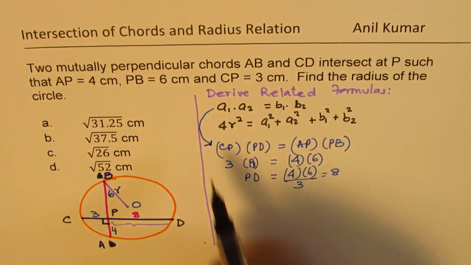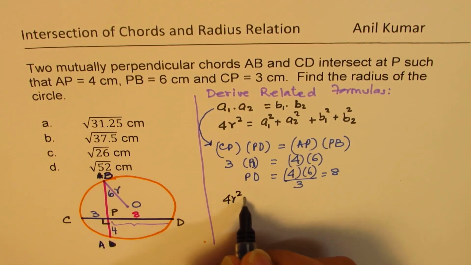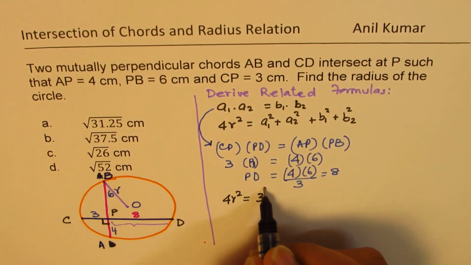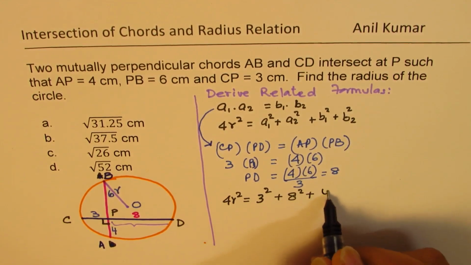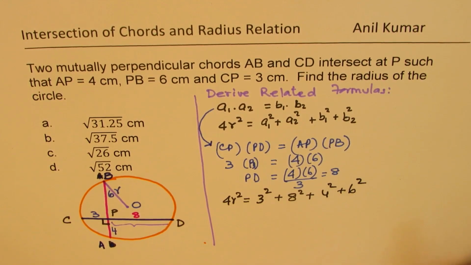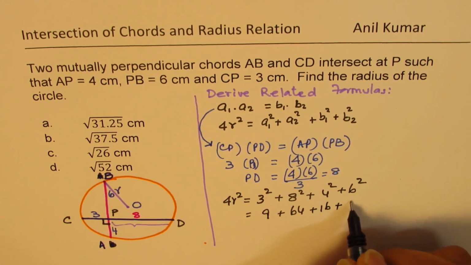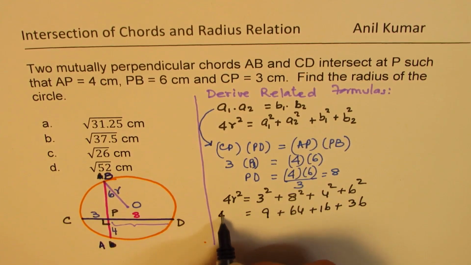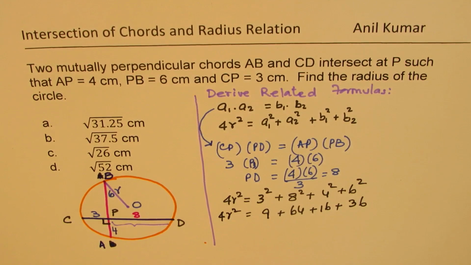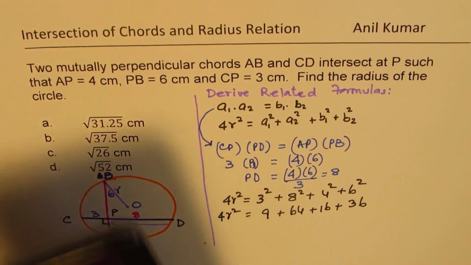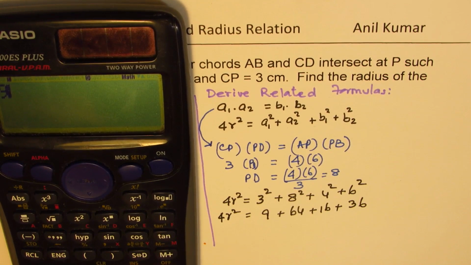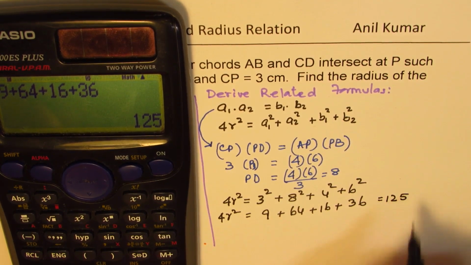Now using the second one, we said 4r square is equal to 3 square plus 8 square plus 4 square plus 6 square. Clear? So we can just add them up. So we get 9 plus 64 plus 16 plus 36 is 4r square. Clear? Now normally you can do it without a calculator, but let's do it with a calculator now. So we get 9 plus 64 plus 16 plus 36 equals 125. Okay?